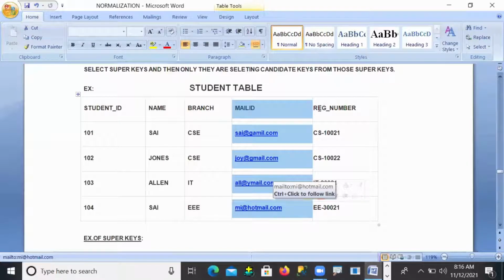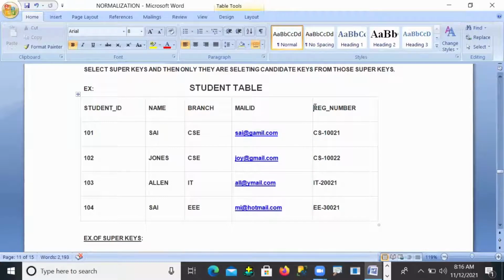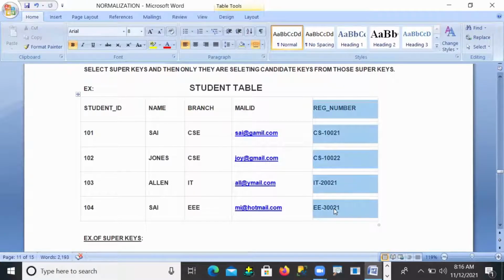Yes, it is also a super key column. Next, the registration number column. Can I say it is also a super key? Yes. Now tell me, in this table, how many super key columns are there?